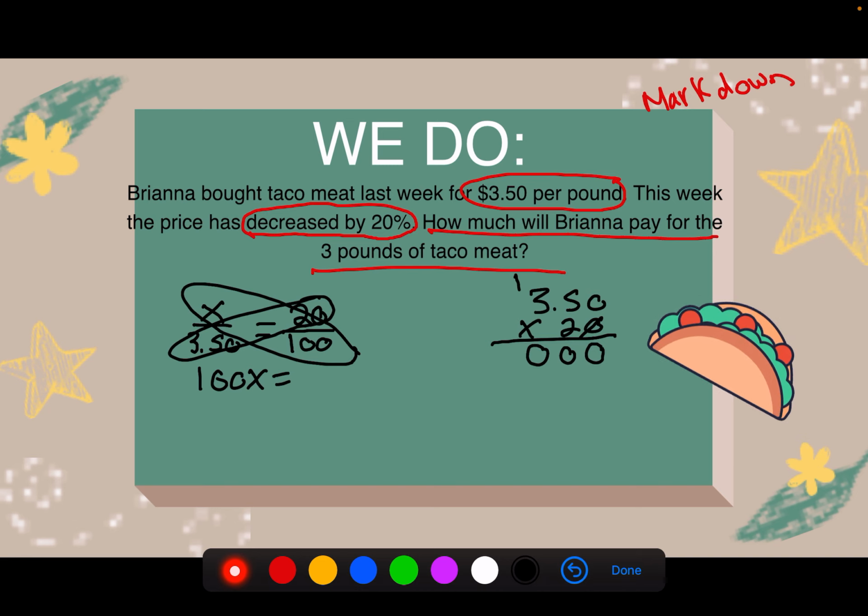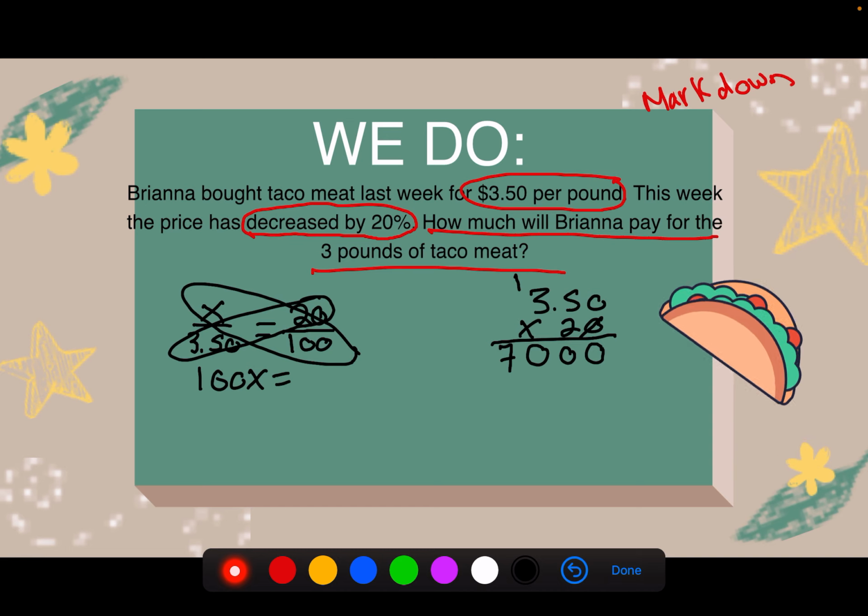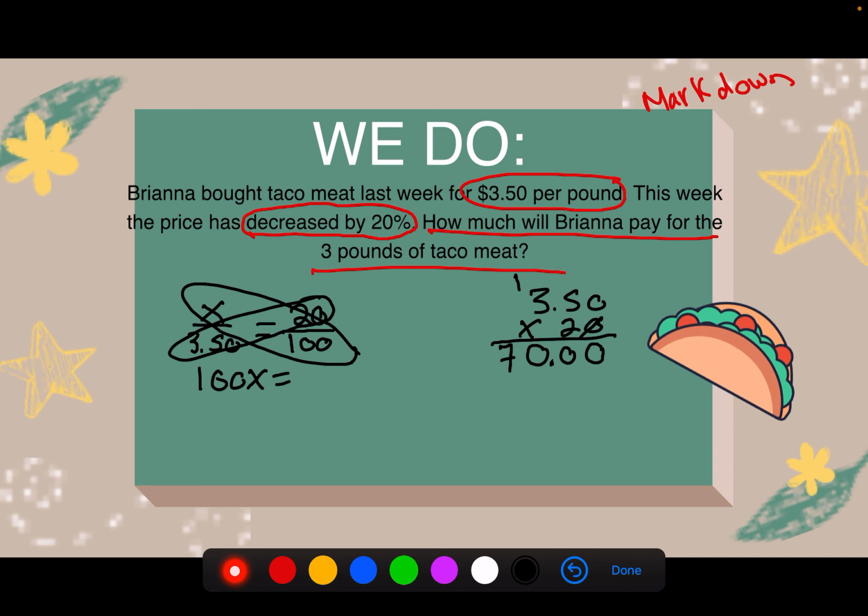You're going to put your 0, carry your 1. 2 times 3, that's correct, 6 plus 1 is 7. So you're done. But remember, you have your decimal right here, so you have to bring it straight down. It is 70 essentially.